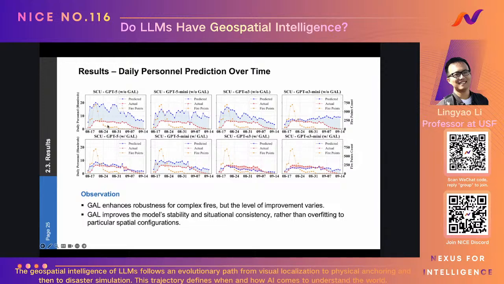This observation is quite interesting because sometimes the overall prediction could deviate from the ground truth values, but the large language model can actually capture the comparative relationship between different places. So this can explain why sometimes the RMSE is higher, but the correlation is actually not that high.